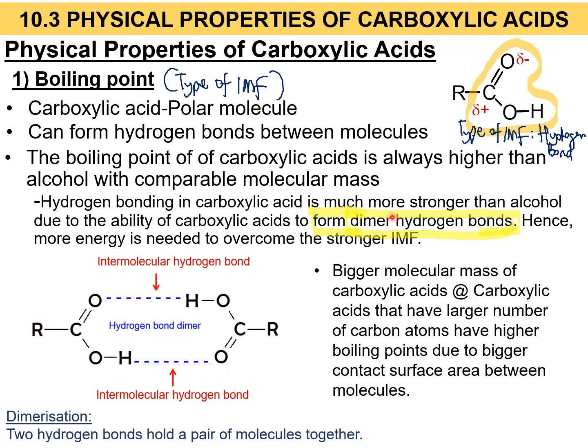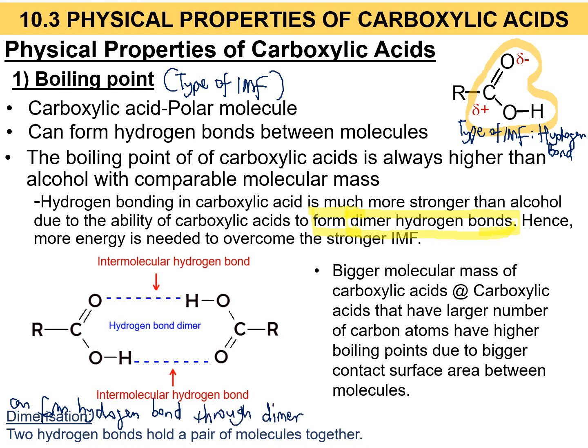Ataupun kalau let's say you nak buat ayat, you can say that carboxylic acid ni dia can form hydrogen bond through dimerization. Penting ya ayat ni.